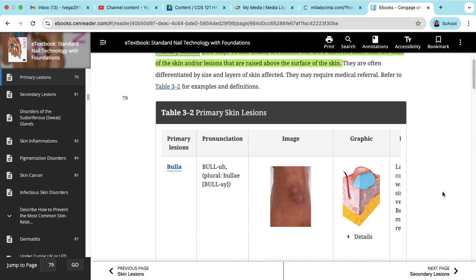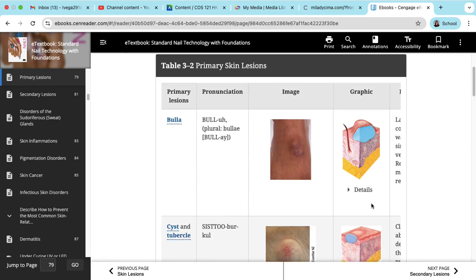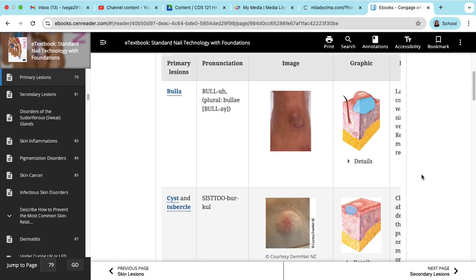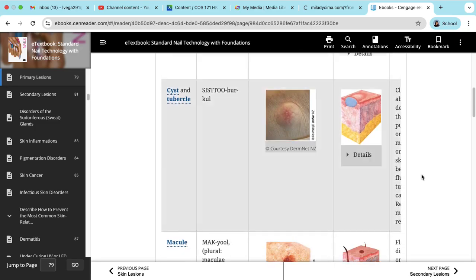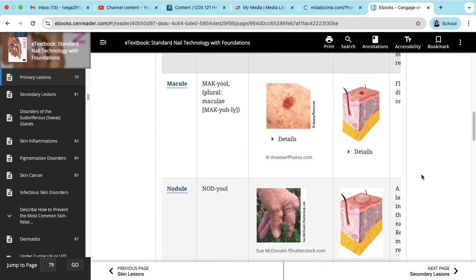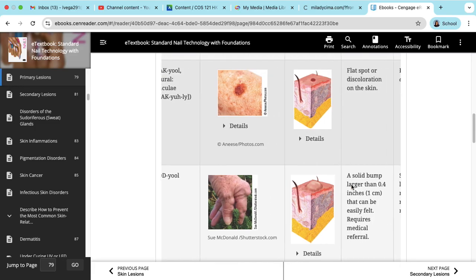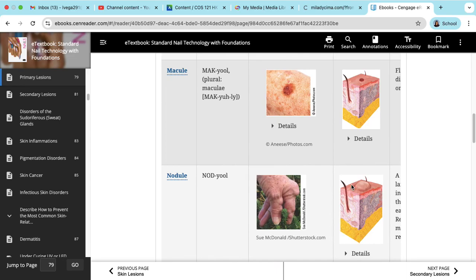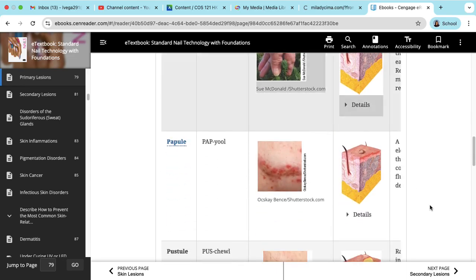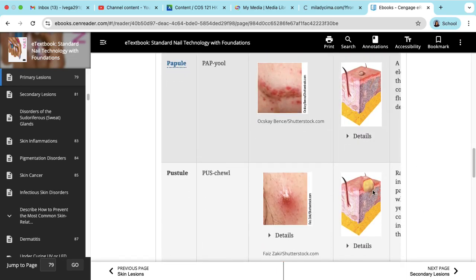So we have some right here. We have bulla, cyst, macule, nodule, papule, pustule.